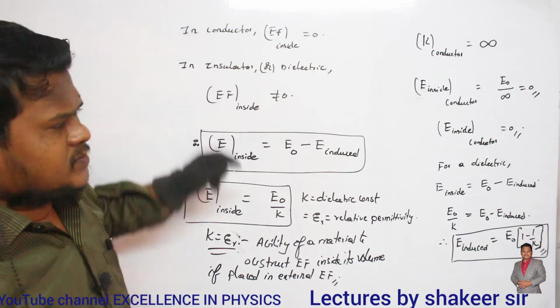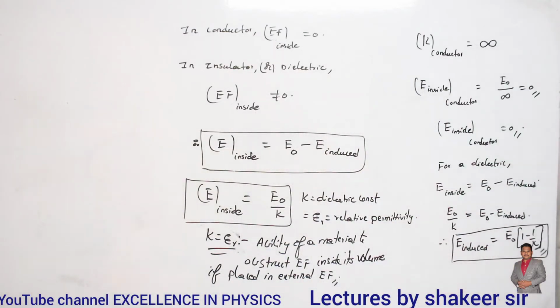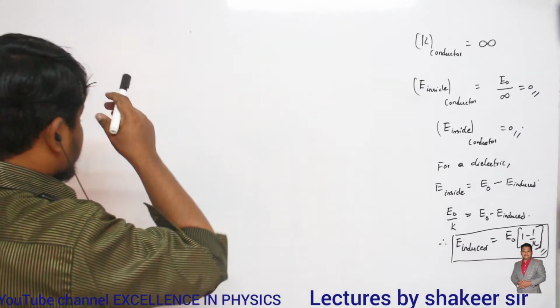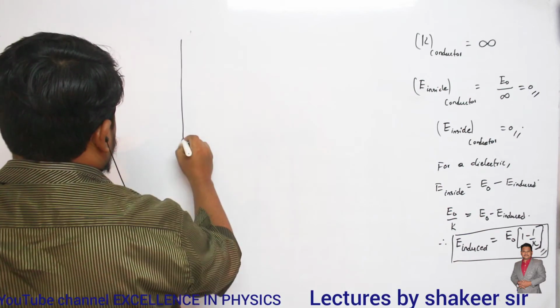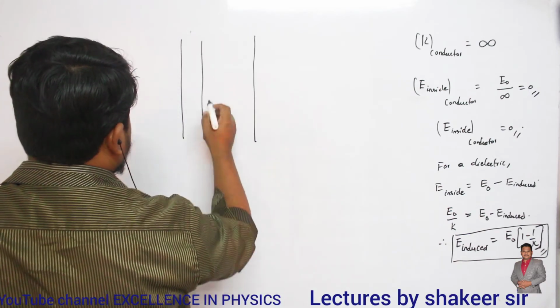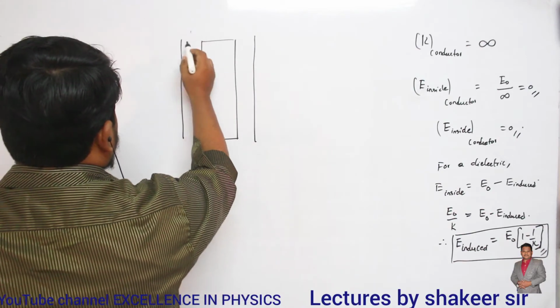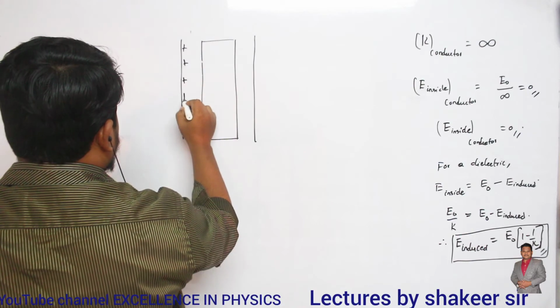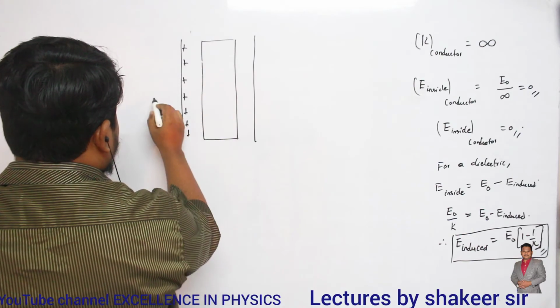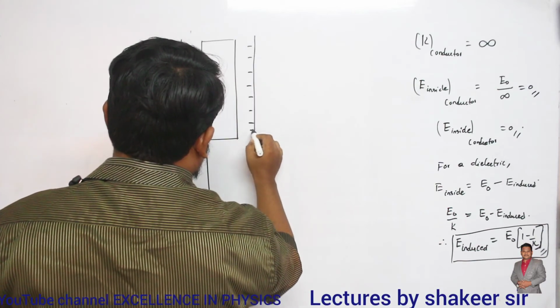Make a note of all this. This was the equation which I got. So see, this is the plates of a capacitor. This is the insulator. Here, these are the positive charges present on the plates of a capacitor, and these are the negative charges on the negative plate.